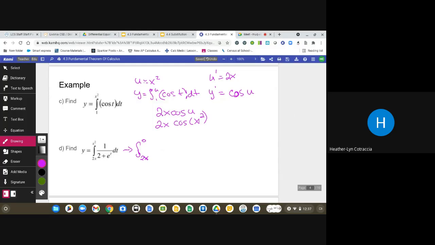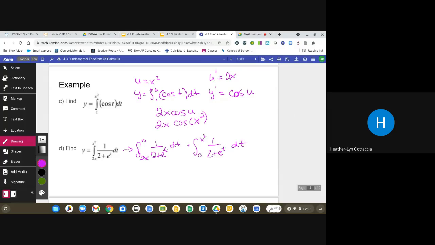It does not matter. You could pick any number, pi, 100, 5. It doesn't matter. You'll see why. So plus e to the t dt, plus the integral from 0 to x squared of 1 over 2 plus e to the t dt.